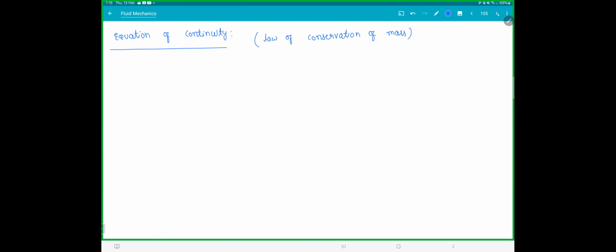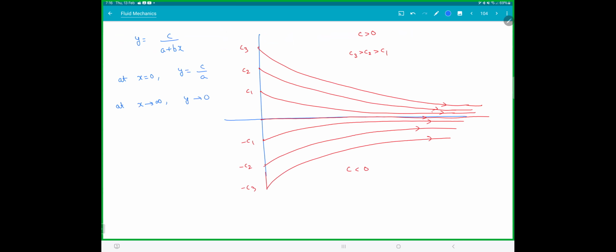X can't be negative. If you make X negative, how will the diagram look? You can draw. I just drew to the right side. How would you draw X negative? If X is minus infinity, even then Y is 0.